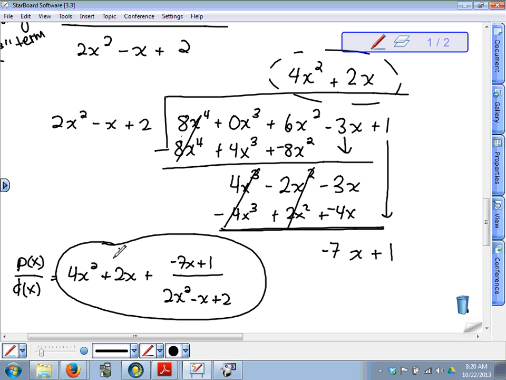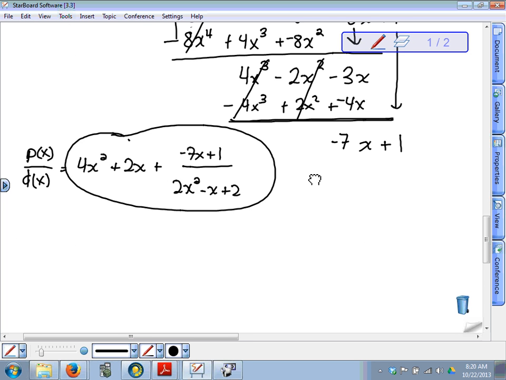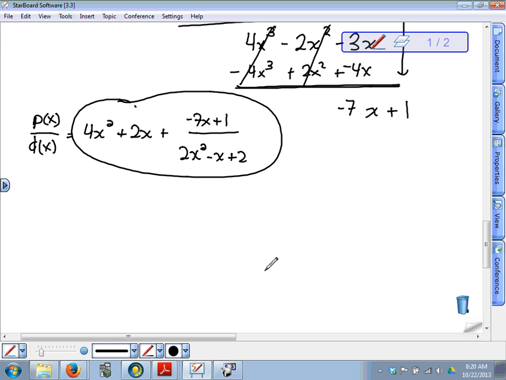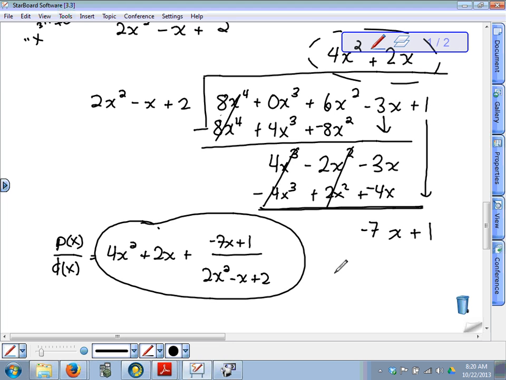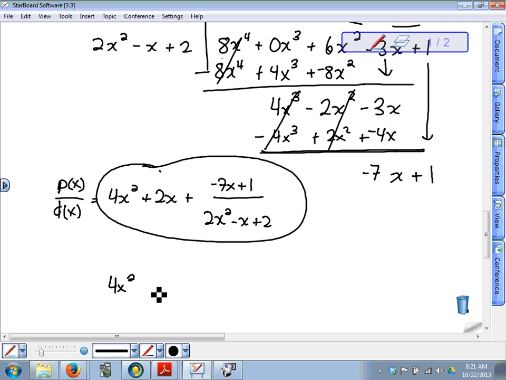Your homework will be asking you to represent this an alternate way as well. This is probably the more common way, but they will ask you to also do this. If you take your quotient, which is 4x squared plus 2x, if you multiply that with your divisor, and then you add the remainder, this is the quotient, this is the divisor, we add the remainder.